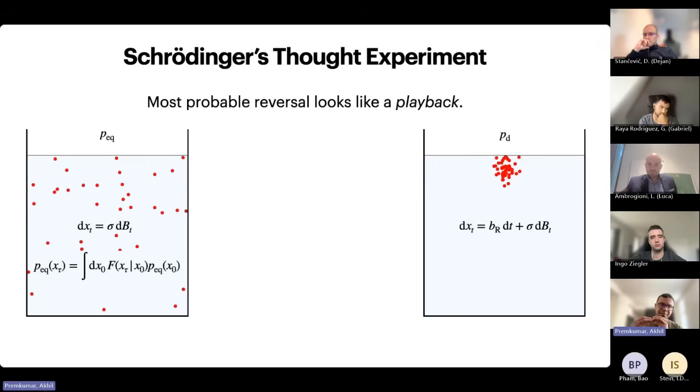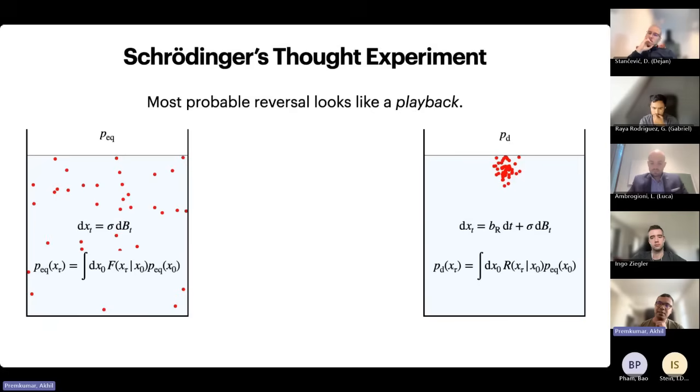And for the reverse dynamics, I will use a different SDE to describe it, but it is designed so that it evolves the red points in exactly the same way that the distribution evolved in the forward direction, but it looks like a playback.